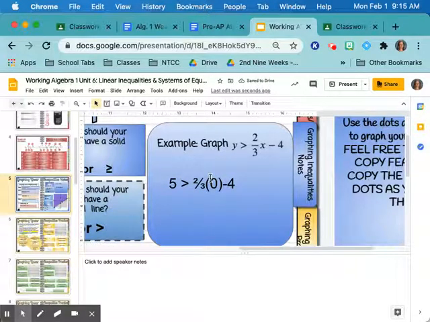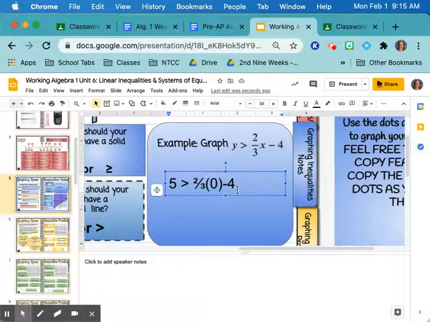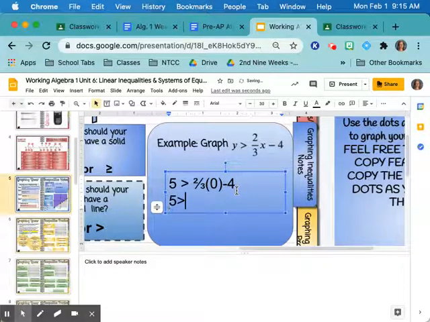And I'm going to show you how to put that in your calculator, and it'll tell you if that's true or not. We can also just look at it, but a 0 would cancel out that 2/3, so it's 5 is greater than -4. Is that true or not? It's true. So that means that point is part of the solution set. So I'm just going to put true.